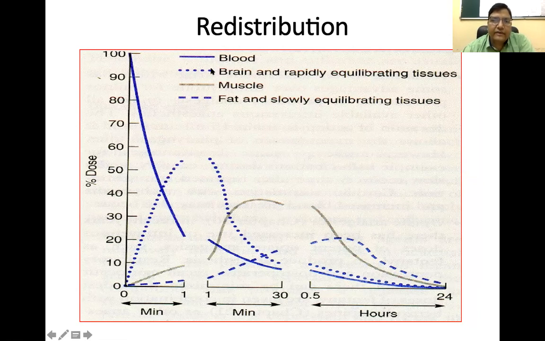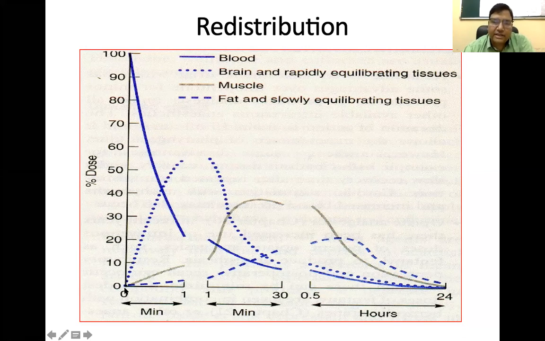And if we see the concentration in highly perfused organs such as the brain, within a minute there will be a peak concentration of such a drug. It rises very quickly, and then within 1 to 30 minutes it will fall down, and within a few hours it will be totally gone.